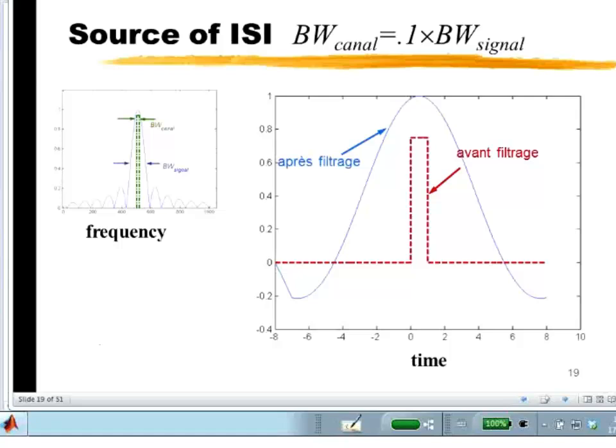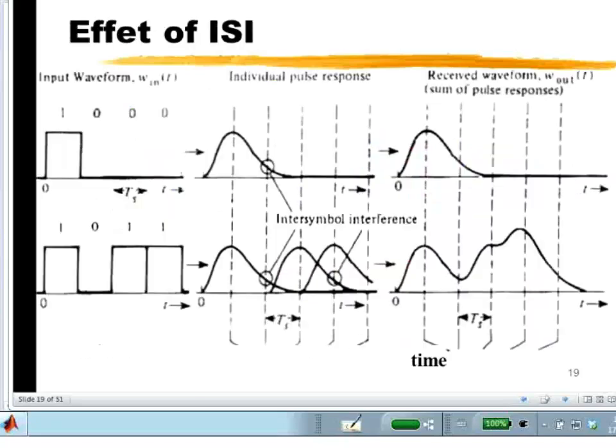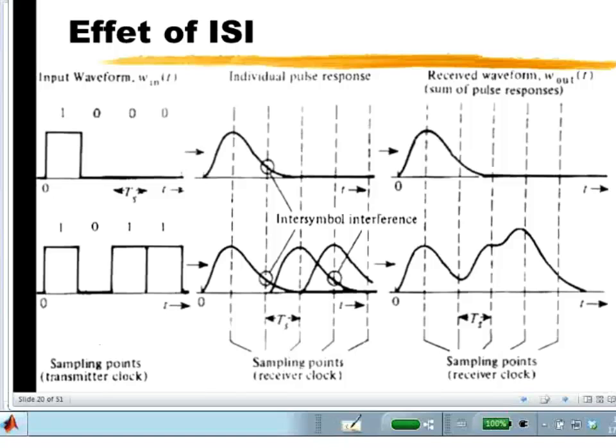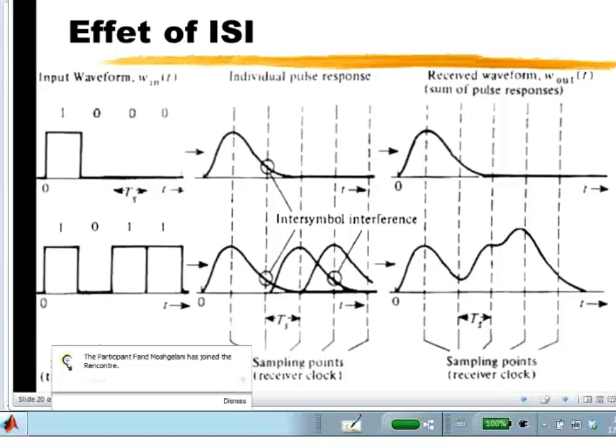So this is why channel effects alone can lead to dispersion of the original pulse, so that the pulse is no longer confined to a limited time duration. And of course this would be fine if I sent bits in isolation, but I send a train of bits when I communicate, which means that one pulse will not have finished due to this spreading in the time domain before the next bit is transmitted.